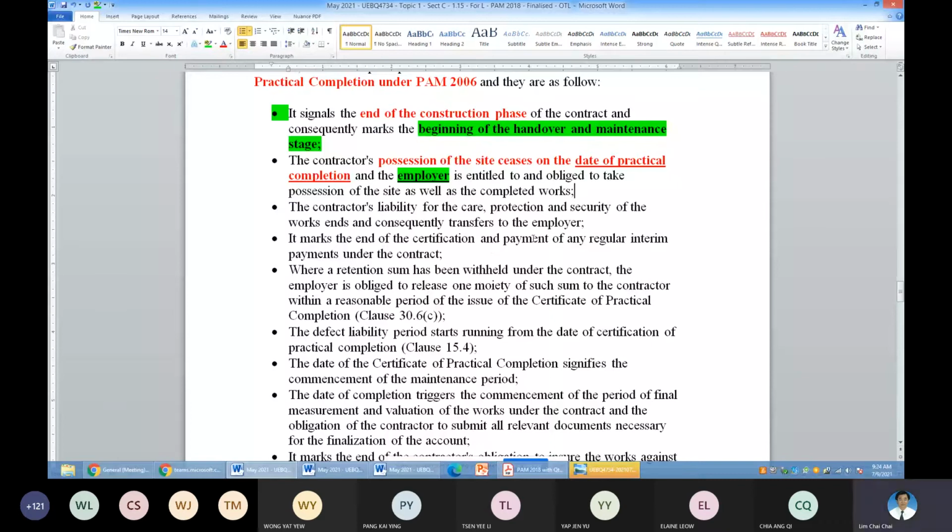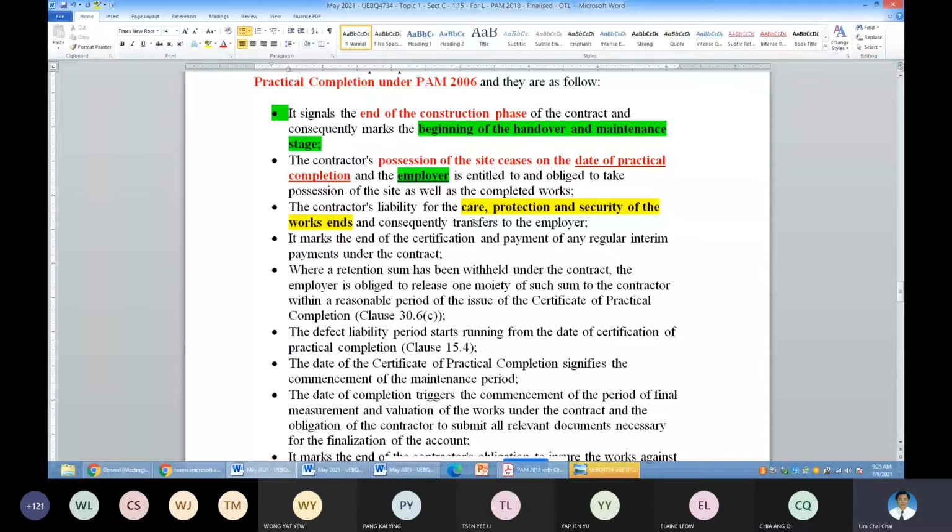So next, after the CPC, it means that the care, protection, and security of the works comes to an end. It means that the contractor's insurance for the work is already completed. And also the security to be provided by the contractor comes to an end. This will be taken over by the employer.